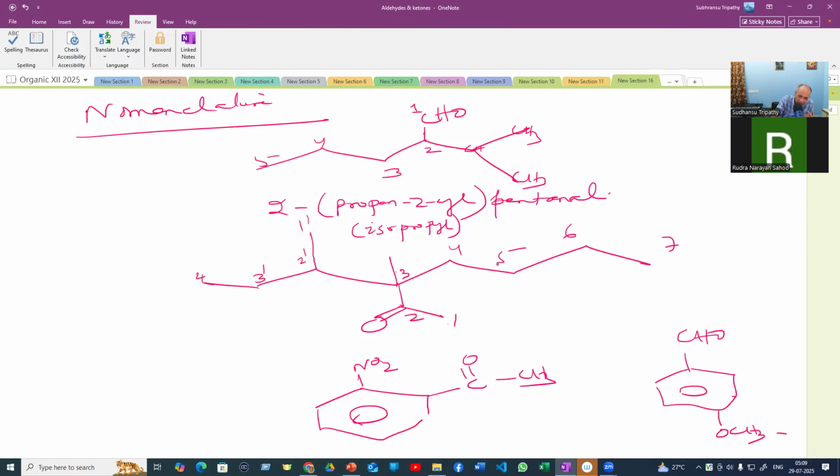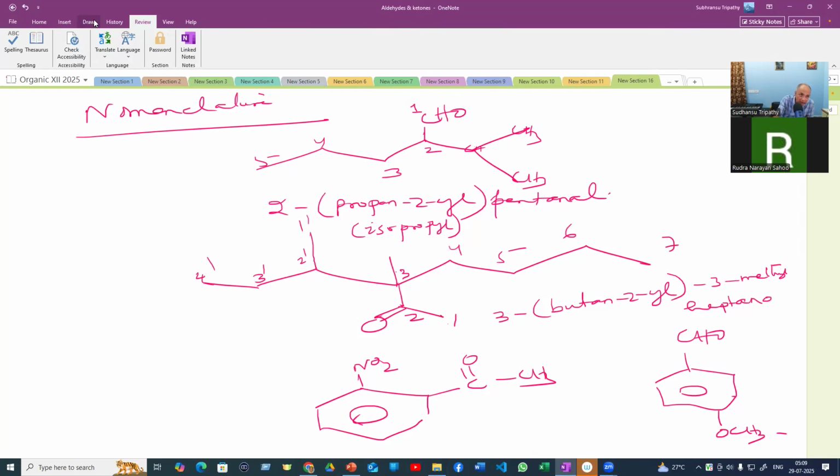Yes or no? Yes, sir. So this will be 3-(butan-2-yl) or sec-butyl, or 1-methylpropyl, then 3-methyl once again, then heptan. There are two N's. Heptane, E will be replaced by one.